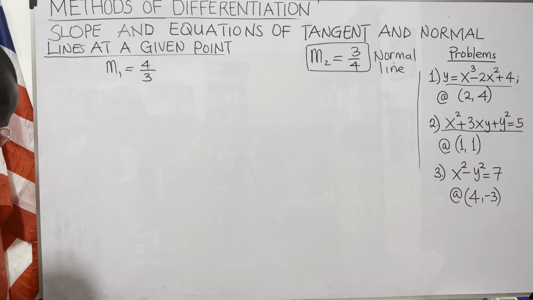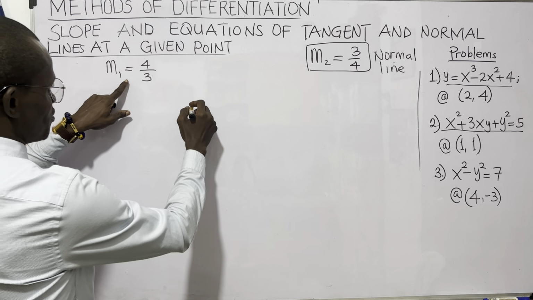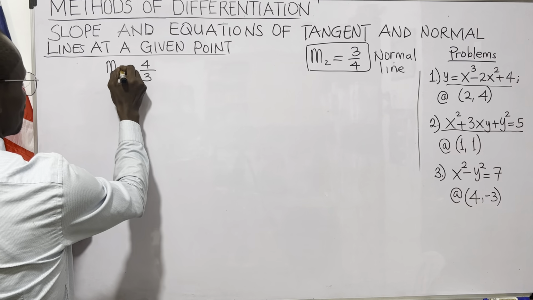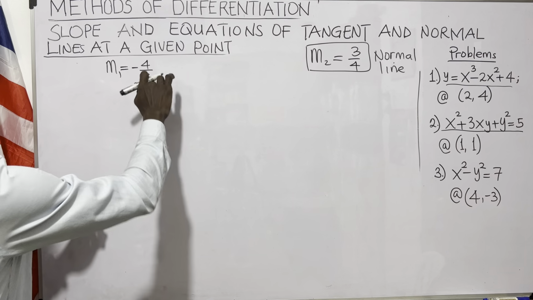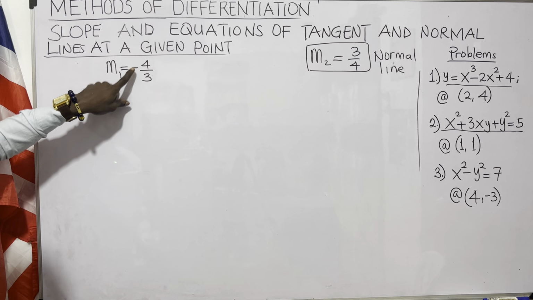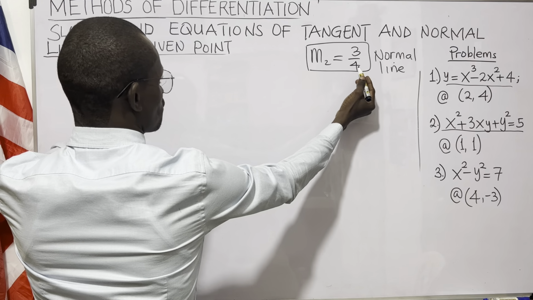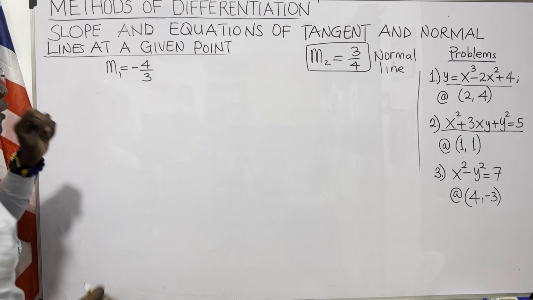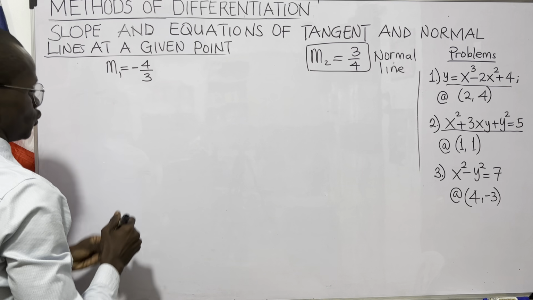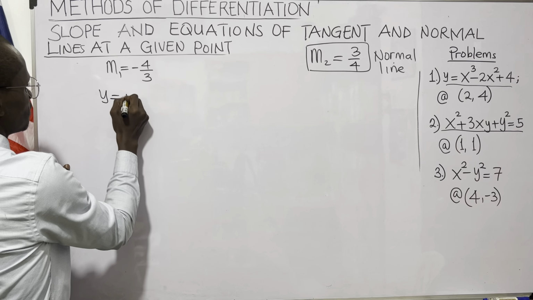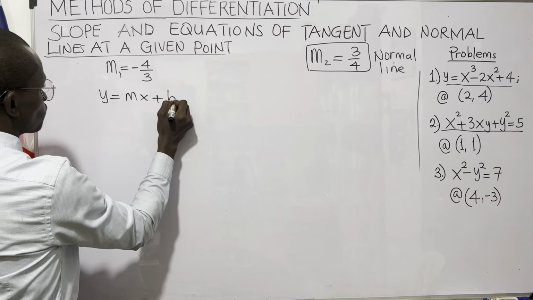We can even prove it, because if this is m1, we multiply it by 3 over 4. So that's it. Let's find the equation now: y equals mx plus b.